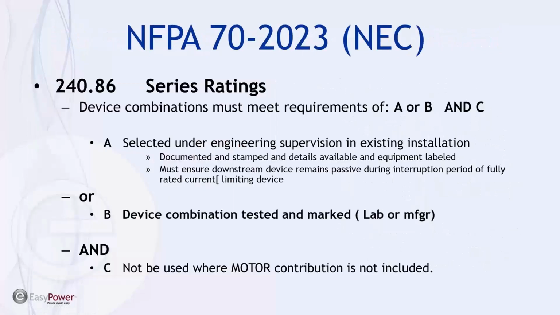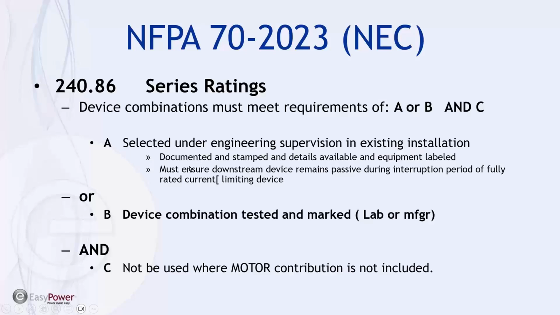Now, going to the National Electrical Code article that was referenced in that application note, Article 240.86 defines series rating as a device combination that must meet the requirements of A or B and C. And A is selected under the engineering supervision of an existing installation.